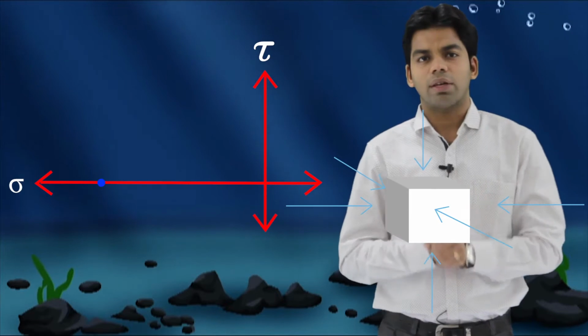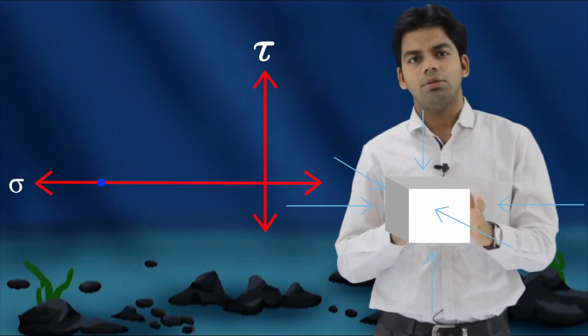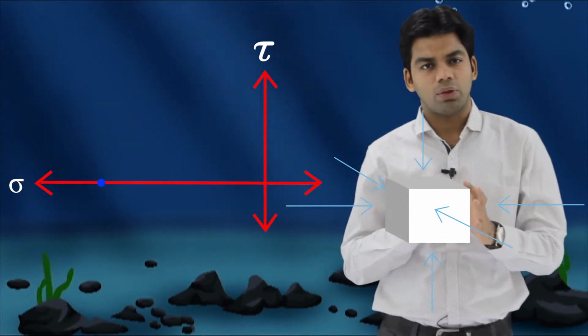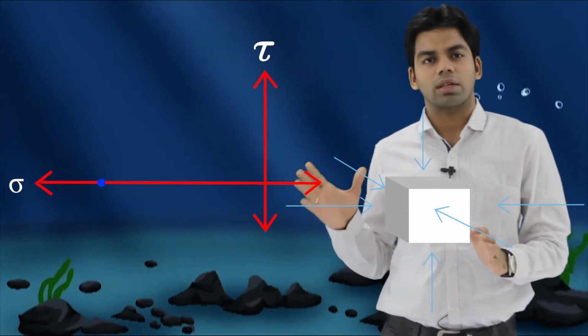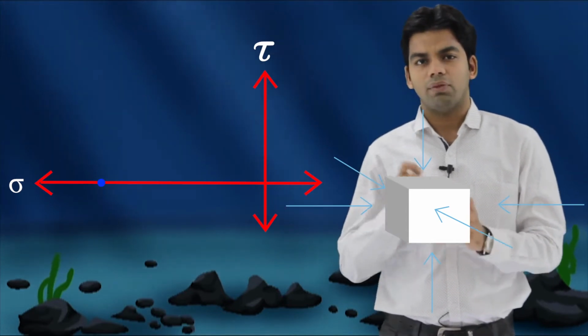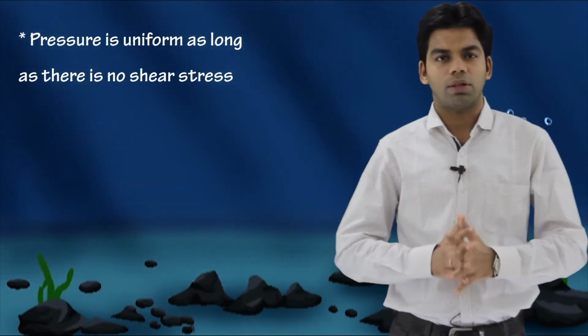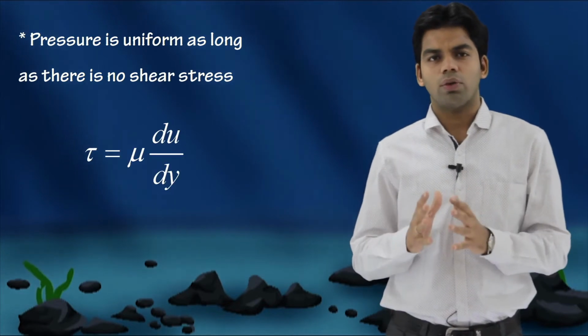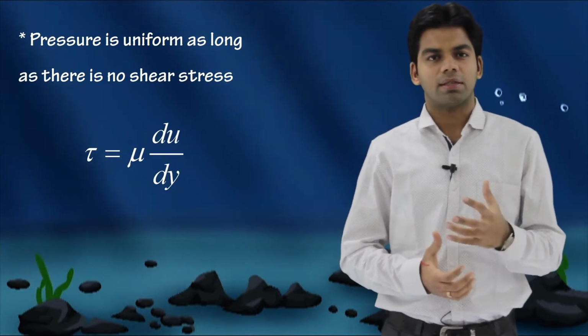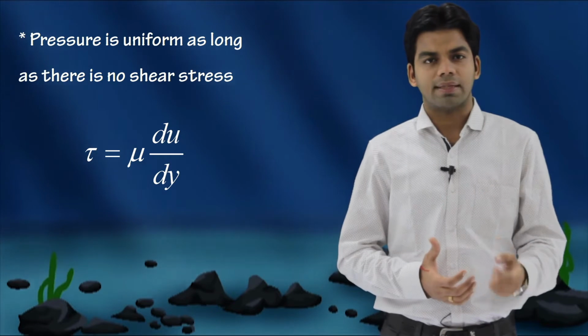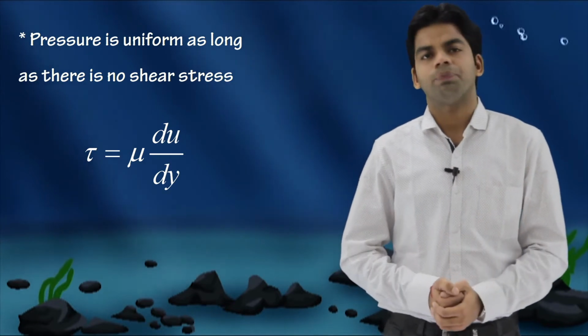So for this particular element, if the fluid is following Pascal's law, then the Mohr circle of that fluid element will be a point. And as the Mohr circle is a point, as I told you, the shear stress should be equal to 0. And we know tau is equal to mu du by dy. That means if the fluid is following Pascal's law, then tau should be equal to 0.